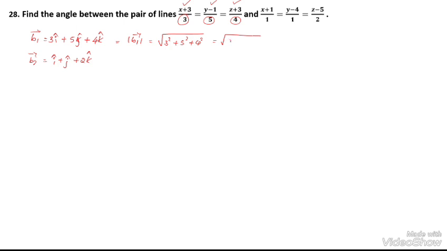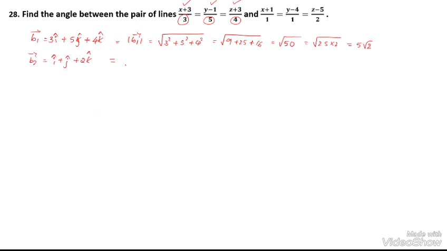It is 9 plus 25 plus 16. While adding these values, we will get 50. So it can be written as 25 into 2. 25 is a square number, so I will take 5 root 2.